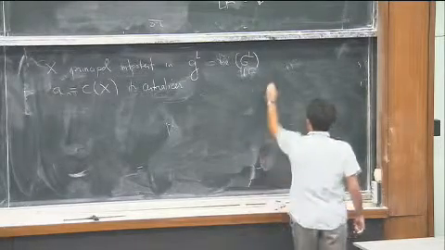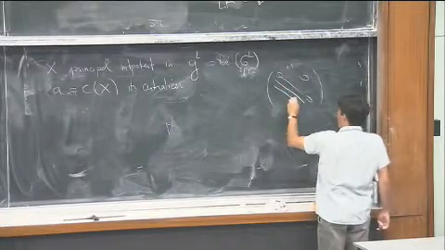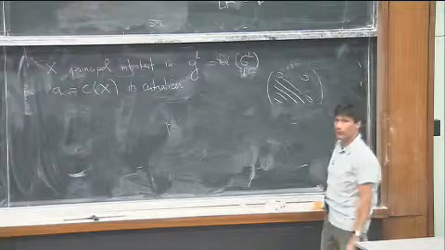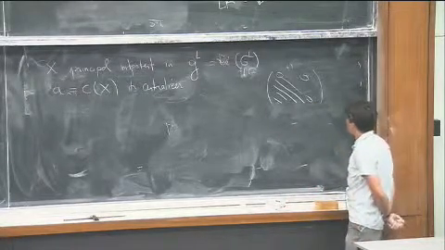Okay, so for SLn, it will be just this algebra of matrices with constant terms on the inferior diagonals.